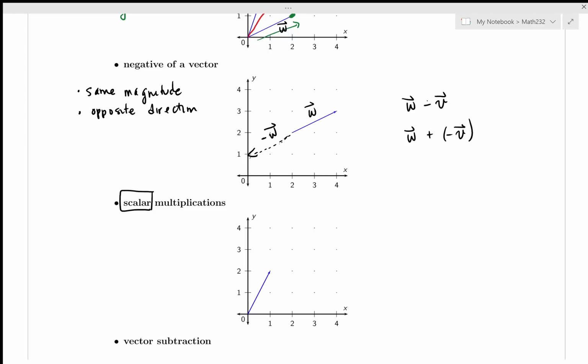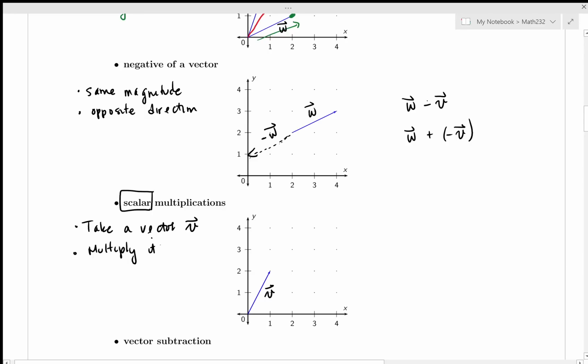So now what I'm thinking of doing is taking a single vector, let's call this vector V, there it is, and multiplying it by a number, a scalar, K. Okay, K is a scalar. It has no direction.